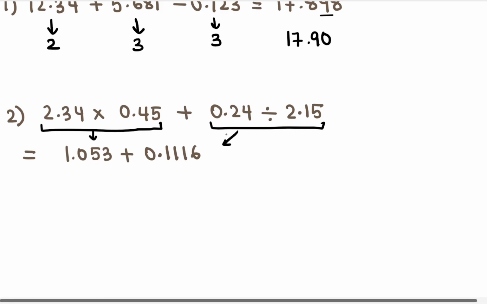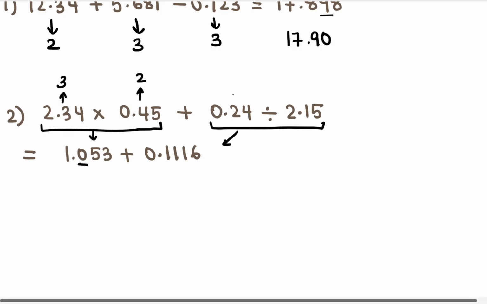And since we are doing both of the rules in one problem, at this step, we need to round to the correct significant figures. So doing multiplication, we round it to the least number. So here 2.34 has 3 significant figures and 0.45 has 2 significant figures. So we round this to 2 significant figures, which would be right here.